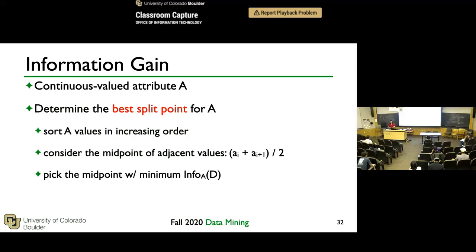So sometimes we choose the middle point, or if you look at the distribution, you try to pick one that is reasonable. And sometimes you can start with larger strides and then refine once you have something more specific. So there are a few things you need to consider, but the general idea is that when you have a numerical value, you need a way to choose your splitting point.